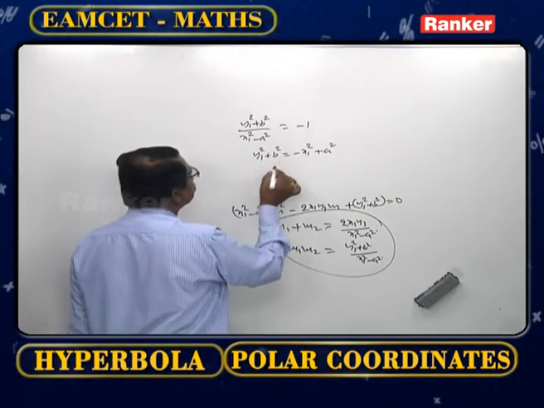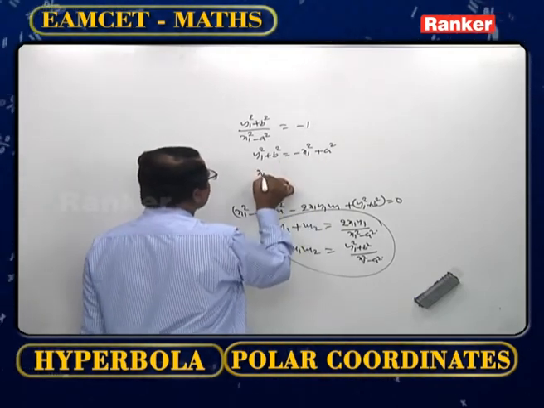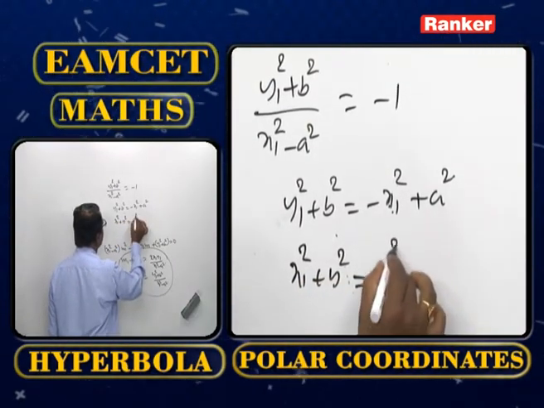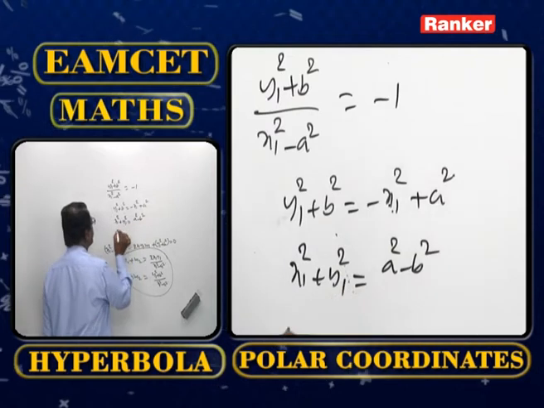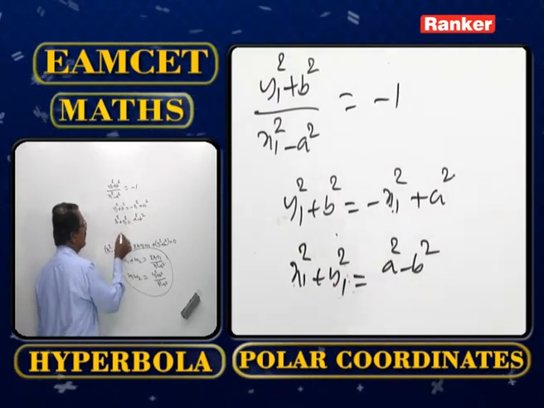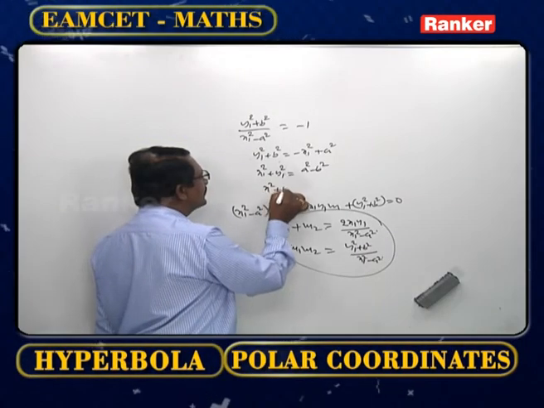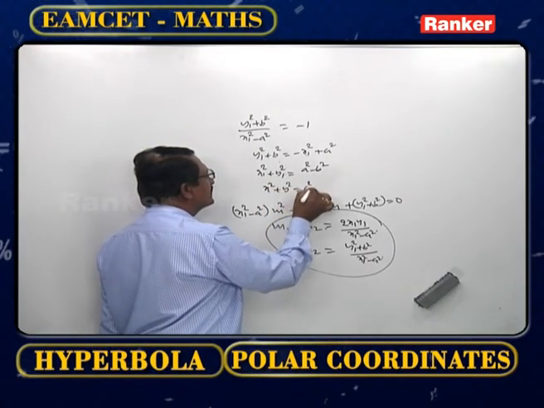Now x1 square plus y1 square equals a square minus b square. The locus of (x1, y1) is x square plus y square equals a square minus b square.